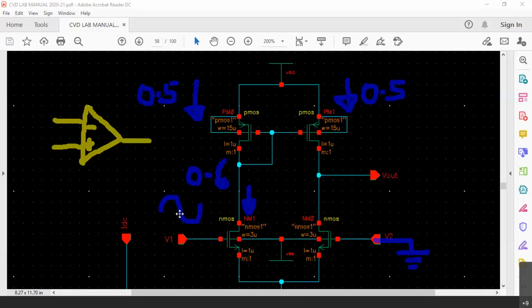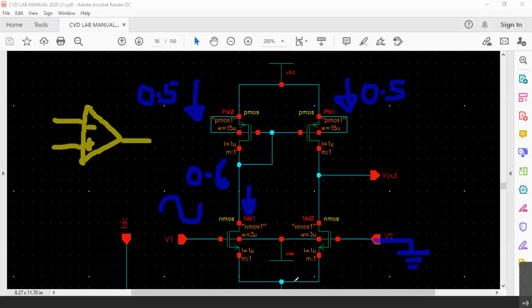Now in the positive cycle, when the input voltage to the first transistor increases, it gradually moves from saturation towards linear because current is proportional to VGS. So when VGS increases, IDS increases. When IDS increases, let us say it increases to 0.6 milliampere.